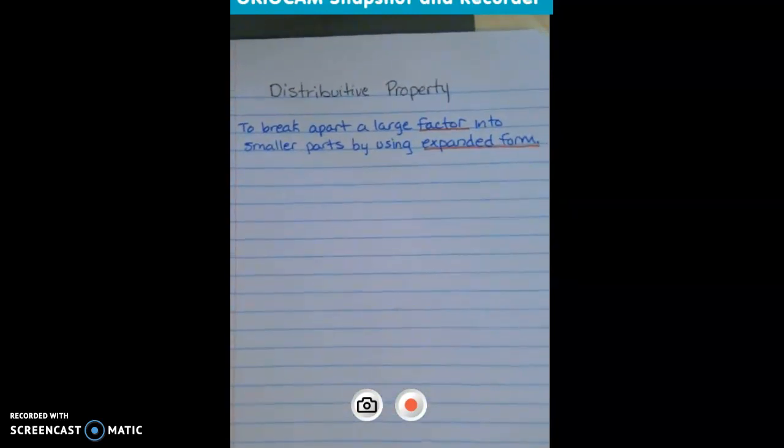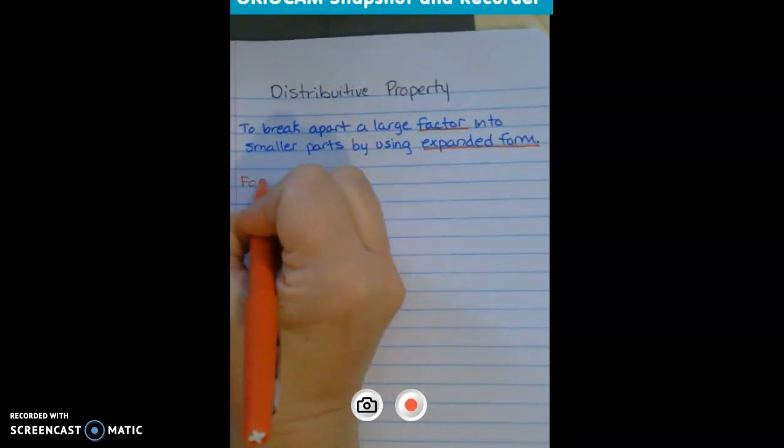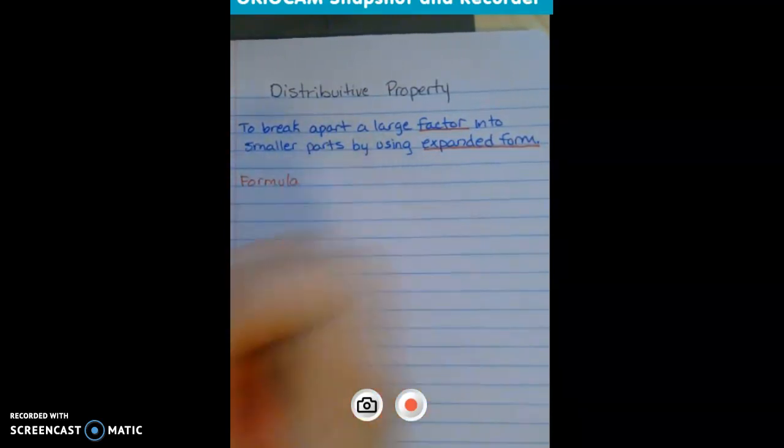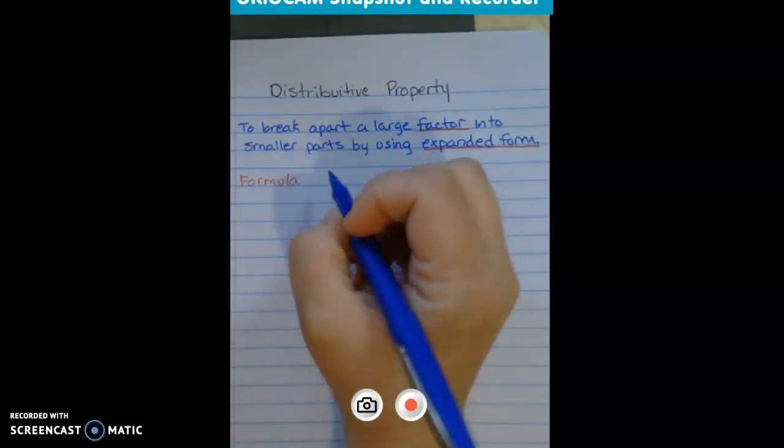All right. So remember we talked about formulas. That formula shows us how we're going to do the math. Now the formula for the distributive property, there's a few, but the most common one that you will see.